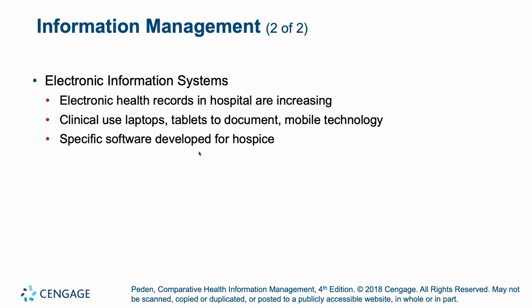These are caregivers that are going into the home. So they are taking laptops, they are using tablets, they are using mobile technology, and it's so much more helpful to be able to do that. So electronic health records, this should say in hospice care, are increasing. They're already there in hospitals, but in hospice care, that is definitely on the increase.